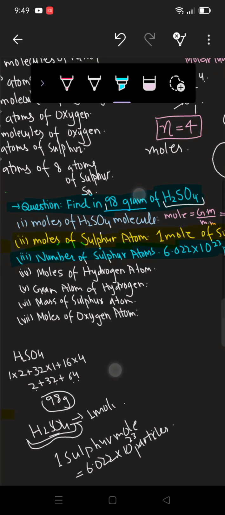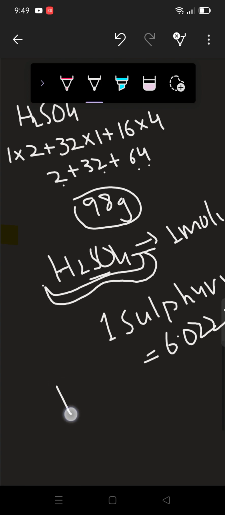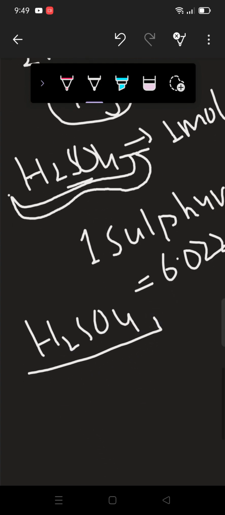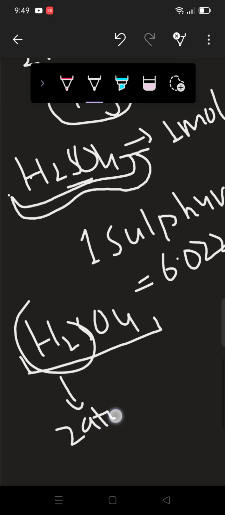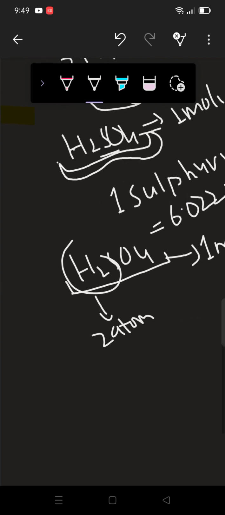The fourth one, we need to find the moles of hydrogen atom. Now see, H2SO4, right? This one compound has 2 atoms of hydrogen. So this, we know, is equal to 1 mole. So this 1 mole of H2SO4 will have also 2 moles of hydrogen atom.